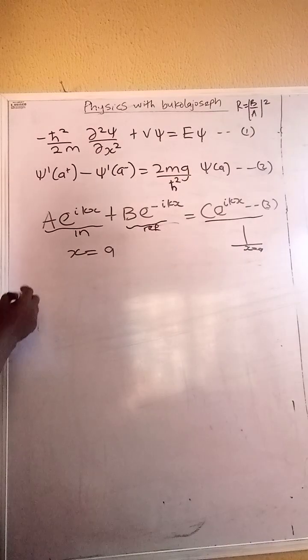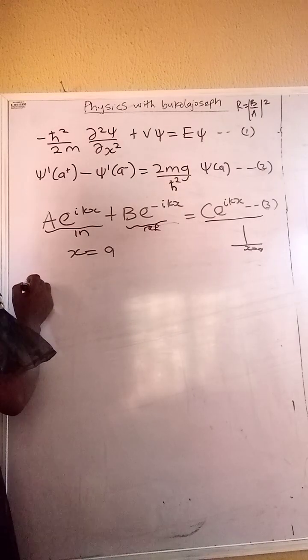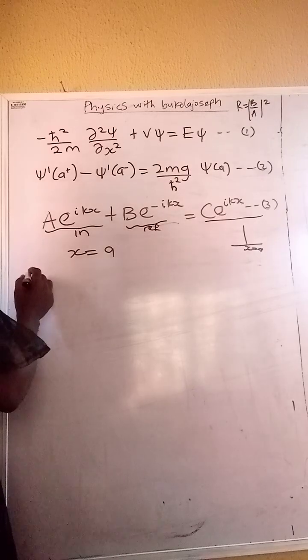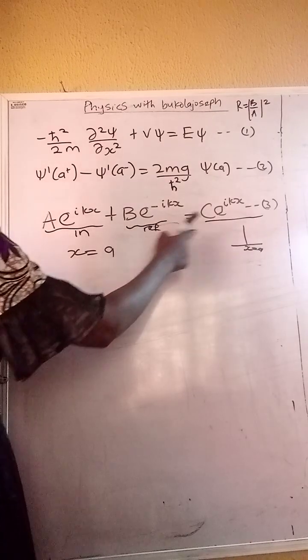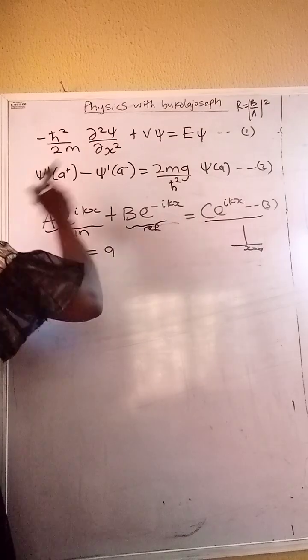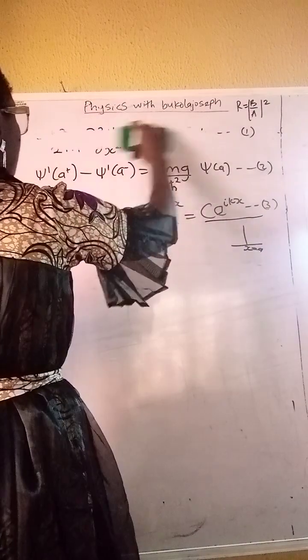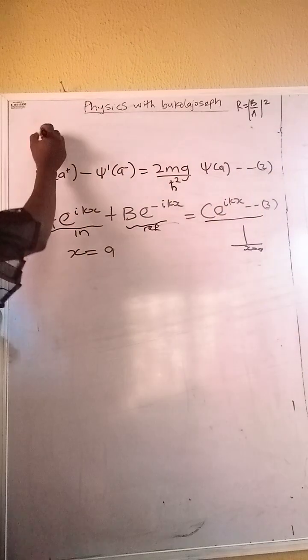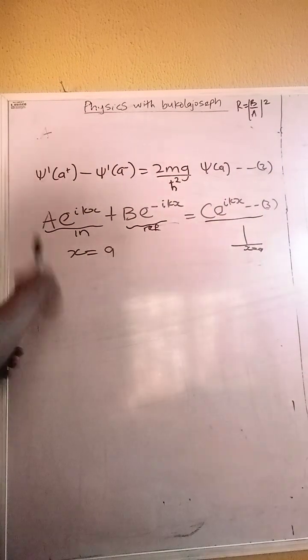So this is the formula we're going to be using. We have psi 1. I don't know if we will still remember this formula. We don't need this Schrodinger equation anymore, so let me wipe it and put this here.